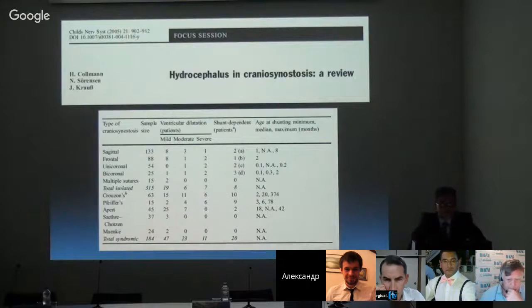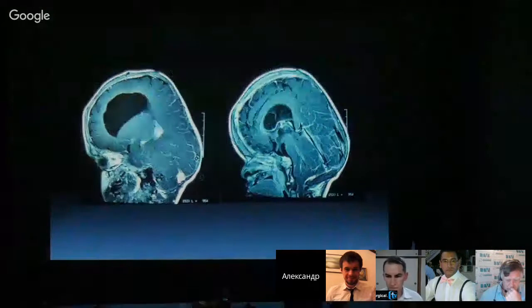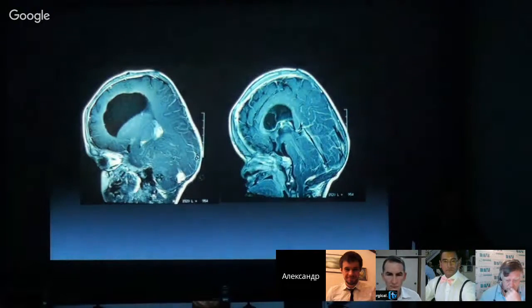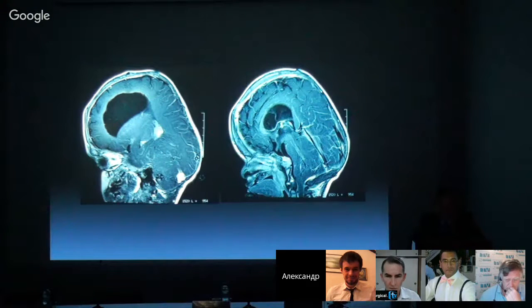And this situation came to attention with Coleman in 2005, but it's not only in syndromics. In non-syndromics, you may have hydrocephalus too. In this case, you can see the Chiari type 2, you don't have the fourth ventricle, and it was necessary to put in a shunt.